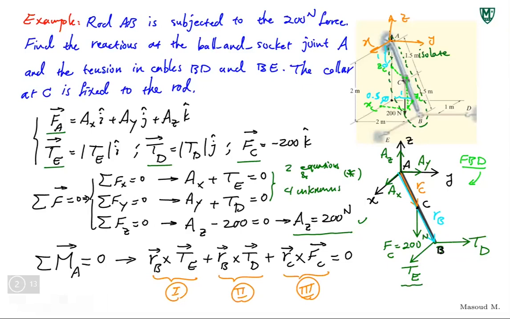And as we said before, generally speaking, that's why it doesn't matter what specific direction you assume, because at the end, if your direction is incorrect, you get the correct magnitude but the wrong sign. Just keep in mind that you can't make the wrong assumption about the direction of the forces when it comes to cables, chains, and ropes, because they're always under tension. So the direction of TE and TD, you should be able to put in correctly. The direction of components for the support reactions, that's fine because we don't really know. It can be in either direction.